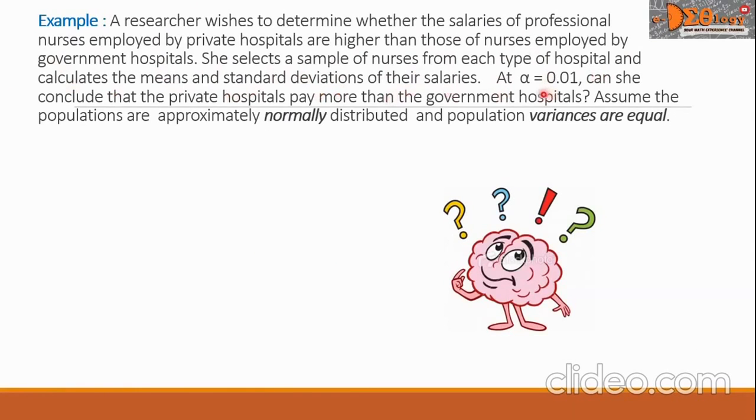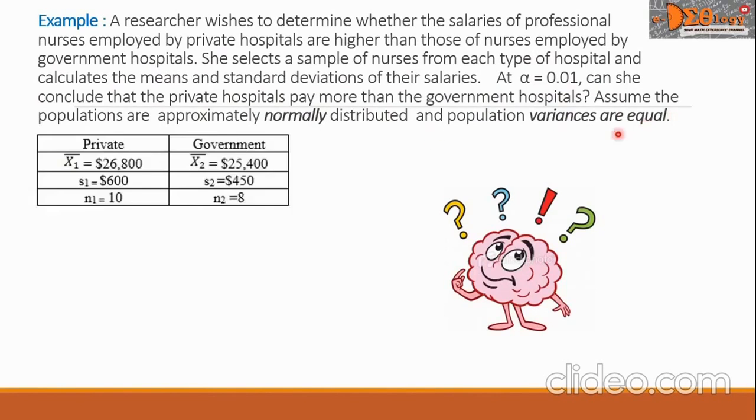At alpha equals 0.01, can she conclude that the private hospitals pay more than the government hospitals? Assume the populations are approximately normally distributed and population variances are equal. The data gathered are here.